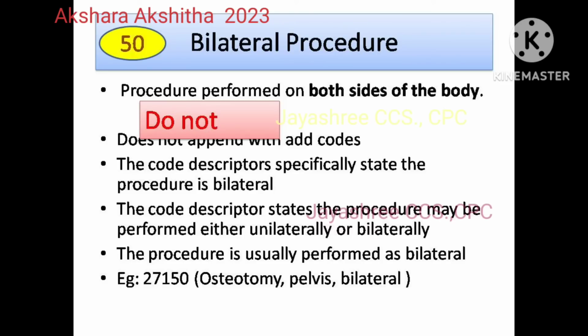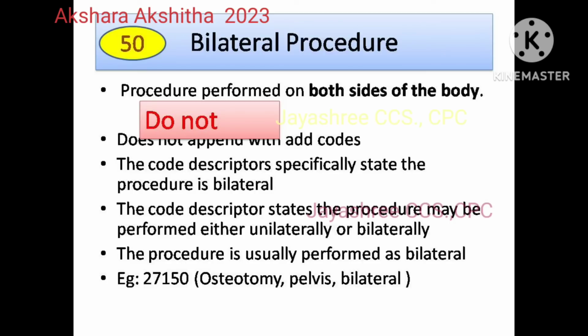Okay, for which situations will we not append this modifier? We will not append the 50 modifier to add-on codes. If an add-on code is performed bilaterally, we have to bill it two times, one for left and one for right side, separately. But we should not append the 50 modifier to add-on codes.